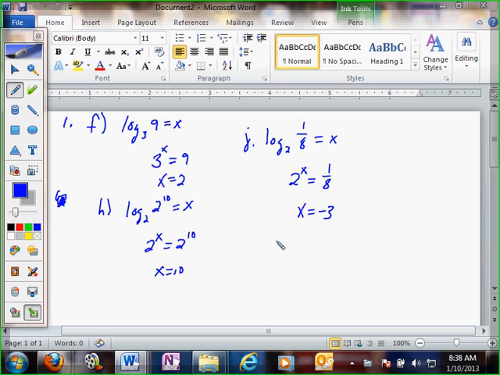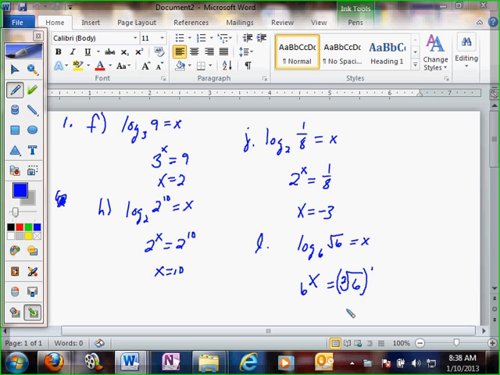Okay, and finally, let's look at l. We've got log base 6 of square root 6 is equal to what? So this is 6 to the power of what is equal to square root 6? Well, if you mind your P's and Q's, you remember that Q is 2 and P is 1 here.